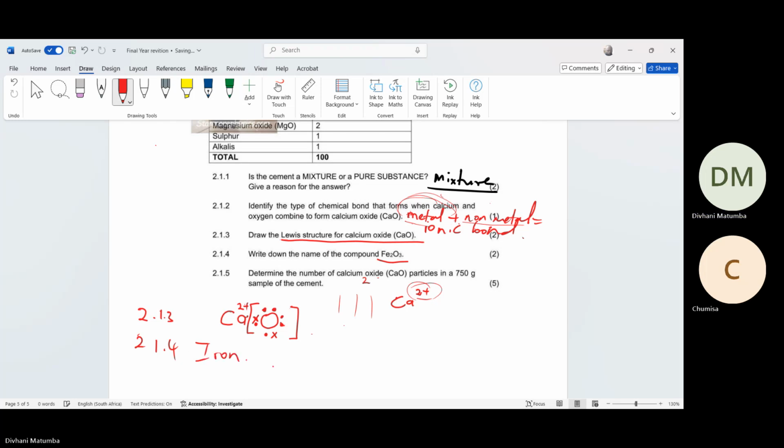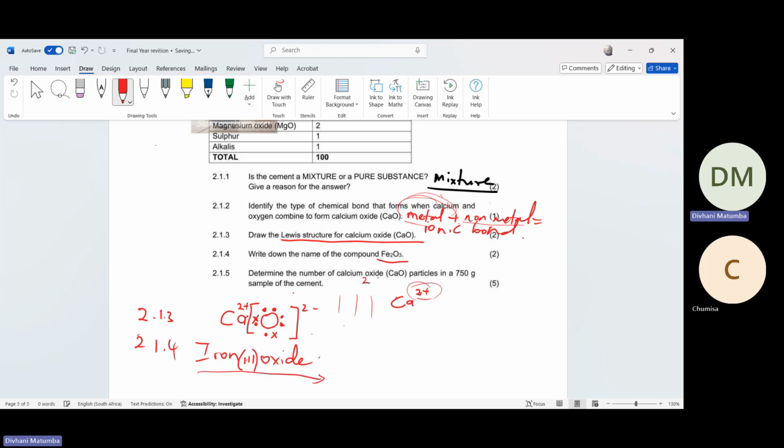Iron oxide. Iron. It is iron. Hey, I can't hear you clearly. It is iron oxide, but it is a specific oxide. It is iron 3. 1, 2, 3. Iron 3 oxide, but it's iron oxide.